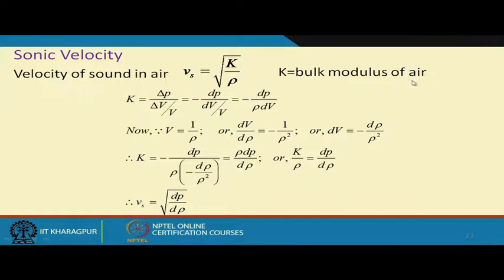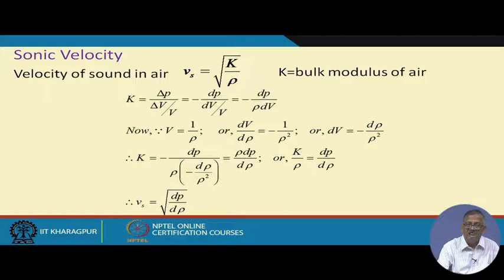So if it is air, then it is the bulk modulus of air, right. And K, the bulk modulus, by definition can be said as del P over del V by V, that is the change in volume per unit volume with respect to the change in pressure, right.